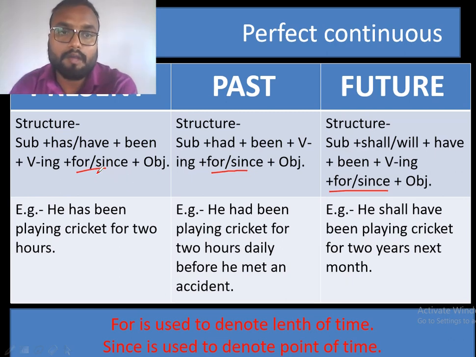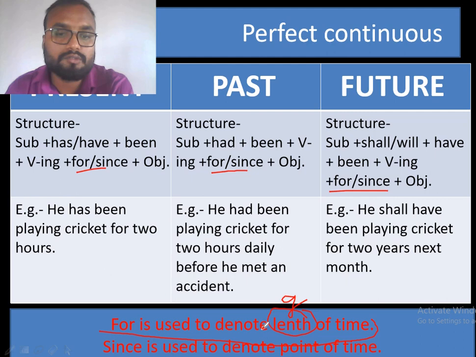Now what's the difference between the use of for and since? For is used here at the bottom, you can see I have written it. For is used to denote length of time. Here the spelling of length is mistaken, G is missing. It's a typing error, sorry for it. So for is used for length of time.